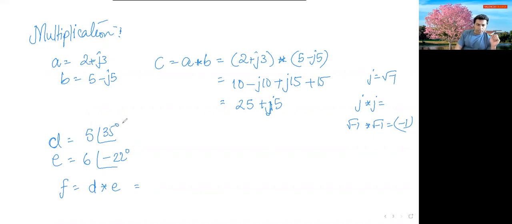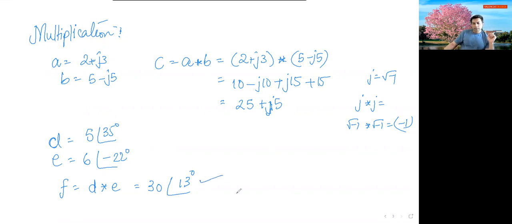So if numbers are given in polar form, you multiply magnitudes, you add phases. So 5 times 6, 30, and 35 minus 22 is 13. So 30 angle 13 degrees. That's going to be your final result.